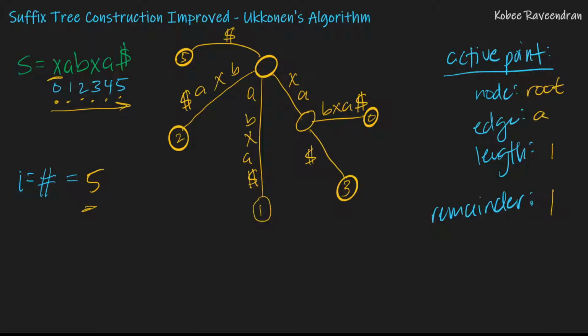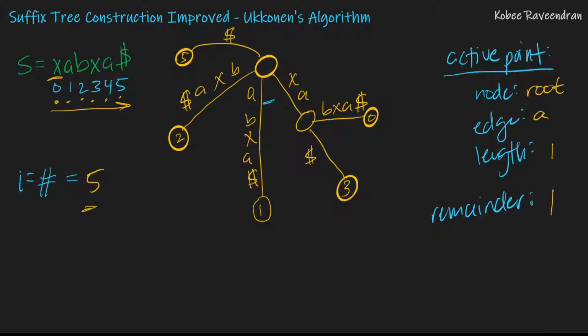So now what we're saying is the new active point is from the root, you take the edge starting with a and go 1 unit down. So that's this right here. That helps us save time instead of rescanning and stuff like that. So what that has done is basically told us that the new suffix we need to insert is no longer xa, but actually just a$. Sorry.